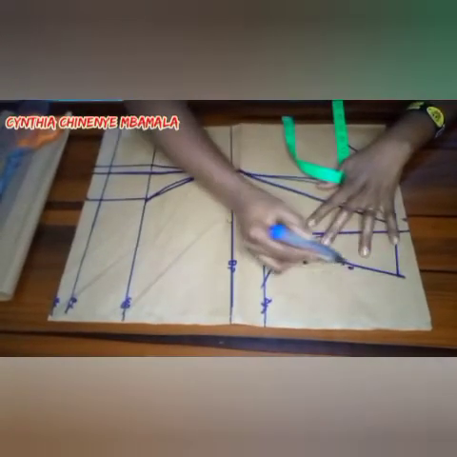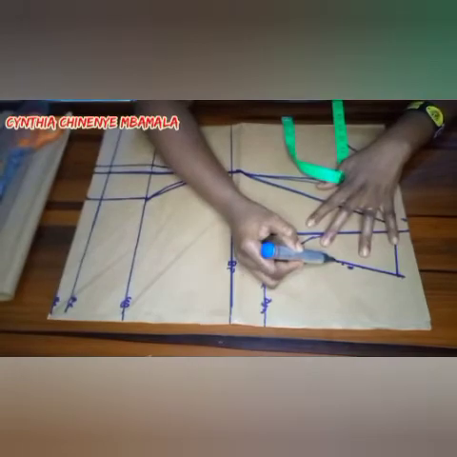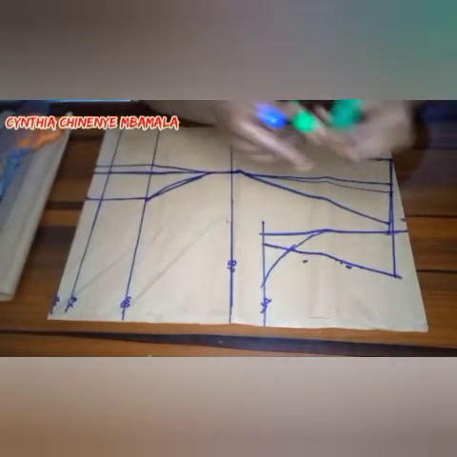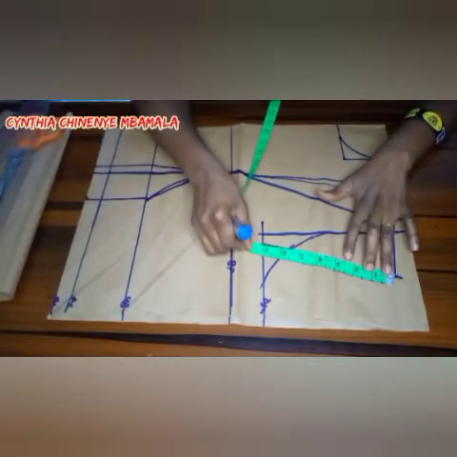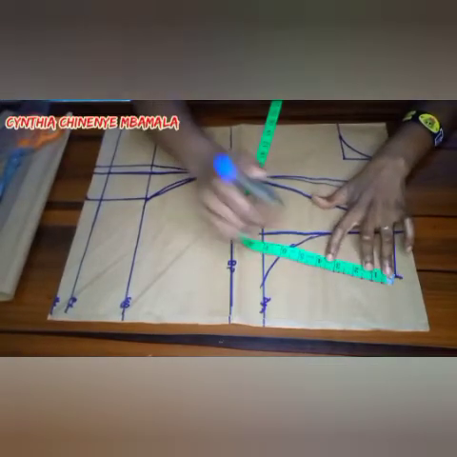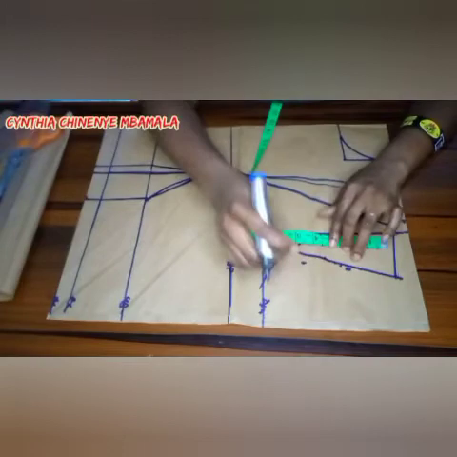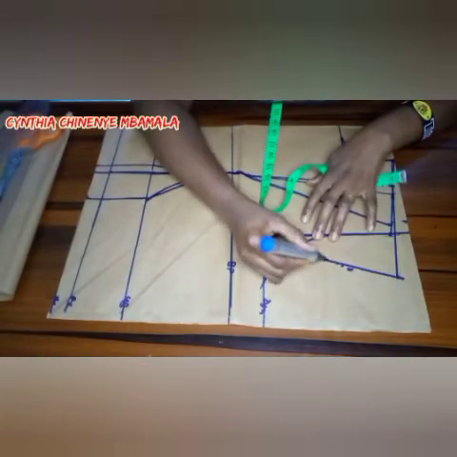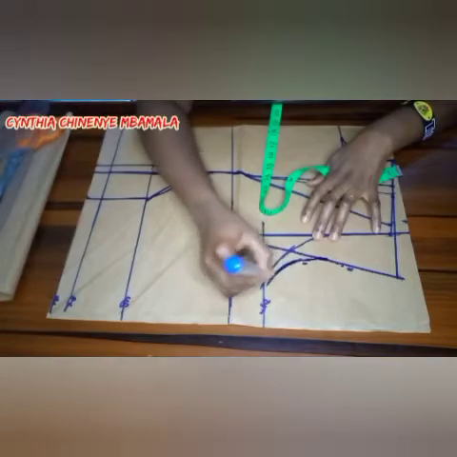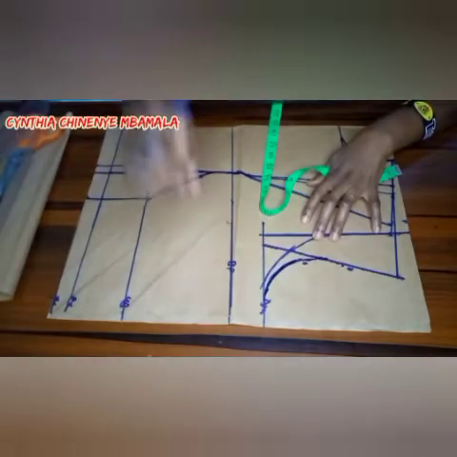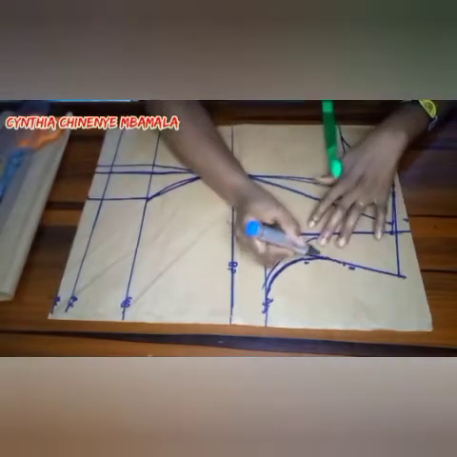Remember, it's slanted this way. So what you do is this: measure whatever you have. Okay, 7 divided by 2, 3.5. So from here, this is the 1/2. So from here I'll draw my new armhole. Okay, this is my new armhole.